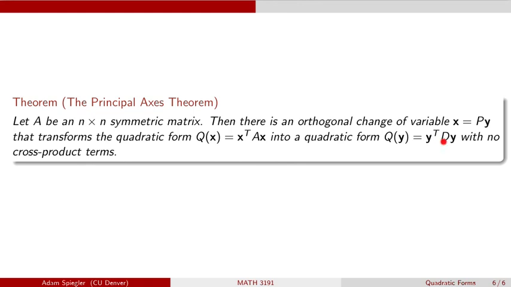So D, in other words, is a diagonal matrix. And this change of variable matrix P, we can choose to be a matrix whose columns are the orthonormal eigenvectors of the symmetric matrix A.